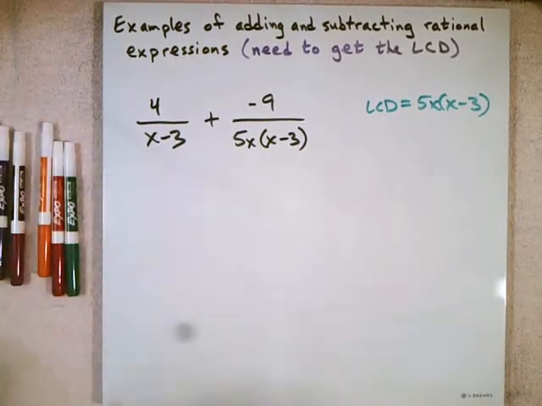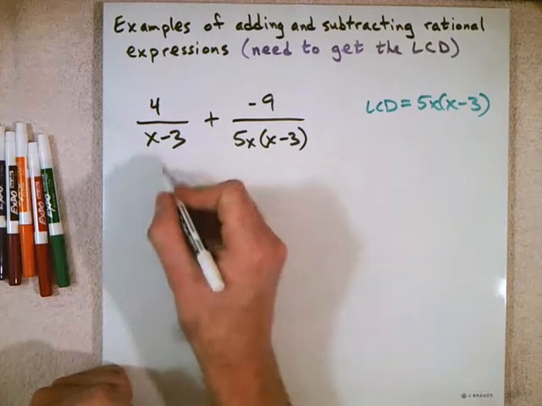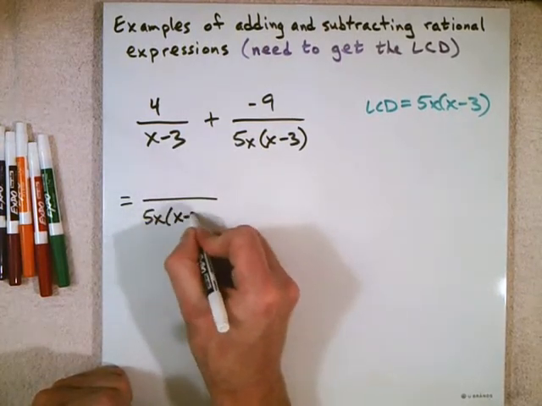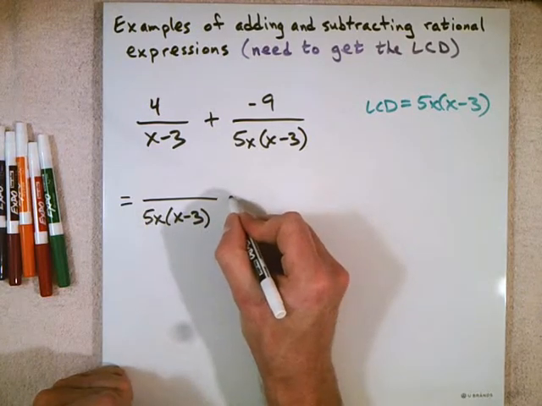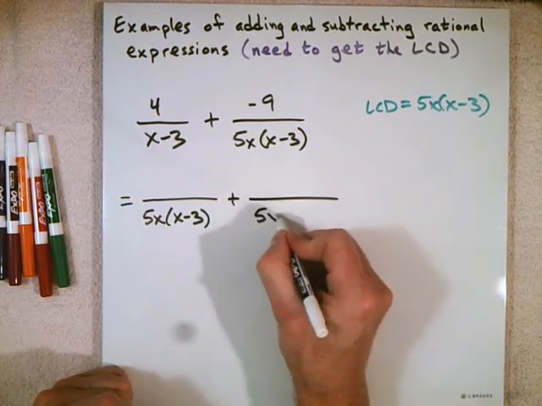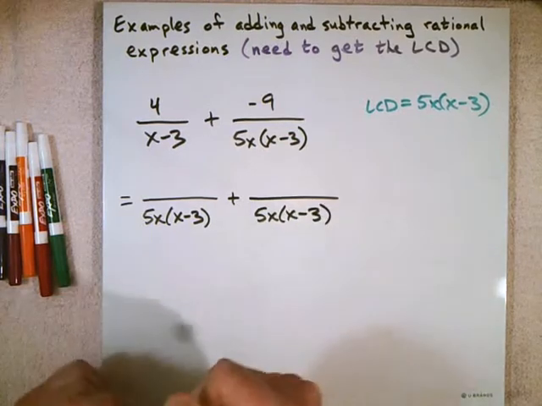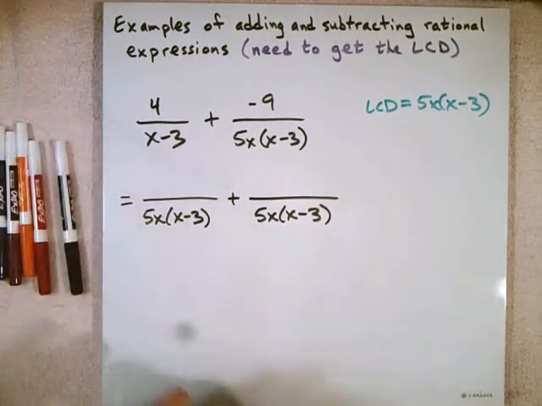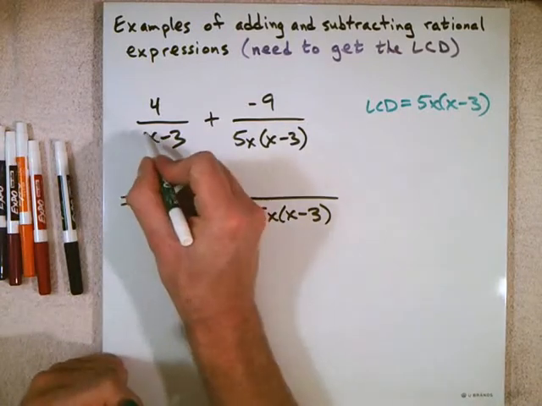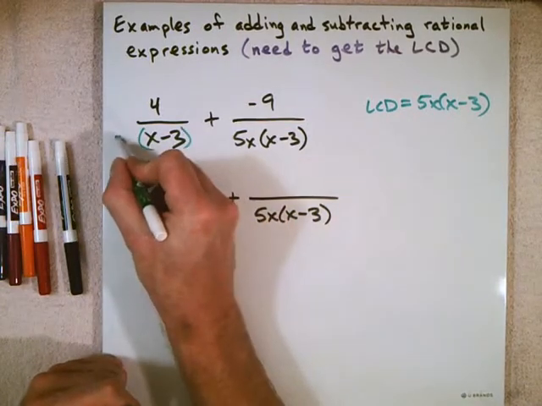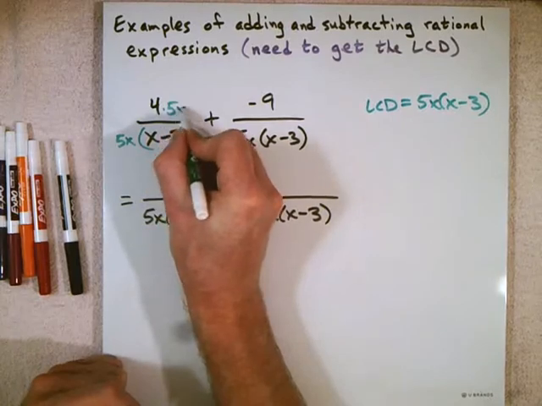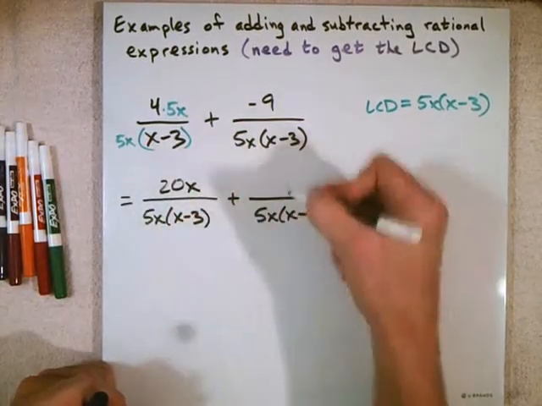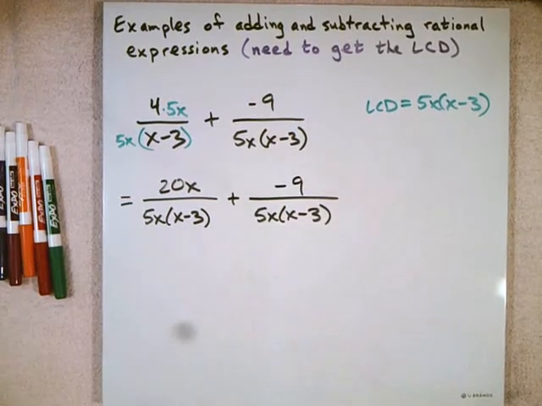So now the LCD becomes 5x times x minus 3, and I have to multiply this first one by 5x over 5x. That gave us 20x there. The second piece already has everything, so I don't have to change it. That's basically where we were at the bottom there, just picking up where we left off.